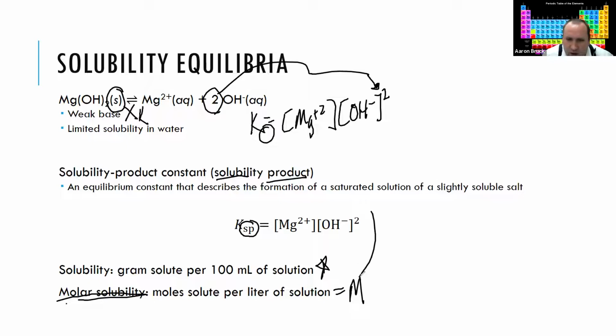And we already know that molarity and K values are compatible. And so I can find the molar values, plug them in directly into my KSP expression, find my KSP. Or, working the other way, I can take my KSP values and backtrack them and figure out what the solubility is in terms of molar solubility.